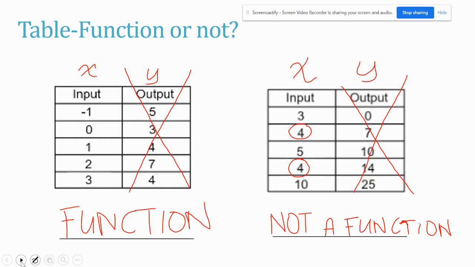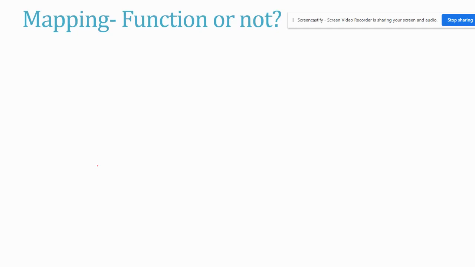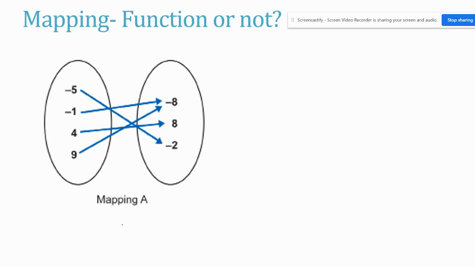All right, let's take a look at one more way of looking at relations. So on this slide, we're going to be looking at what's called a mapping diagram. Same question, we want to identify if it's a function or not. So mapping diagrams are just another way of showing the relationship between x and y values. So wherever the arrow is coming from, that's our x value.